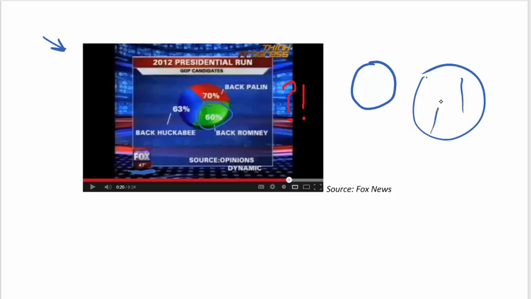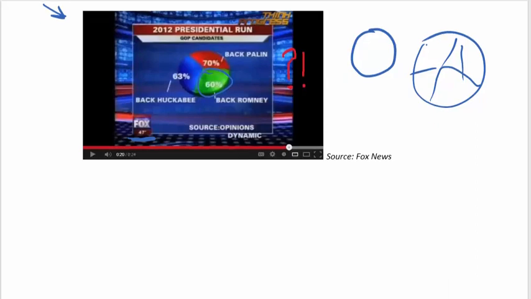Then the pie pieces in the front look bigger than the pie pieces in the back because they've tilted it in 3D, and they've put that piece in the front facing forward to make it look larger. So anytime you see a circle graph that has been tilted and they're giving you a 3D vision of it, they're no longer presenting accurately the correct size of the sectors of that circle graph. And that's what they've done here. So anytime you see a tilted pie graph, somebody's trying to mislead you with statistics.